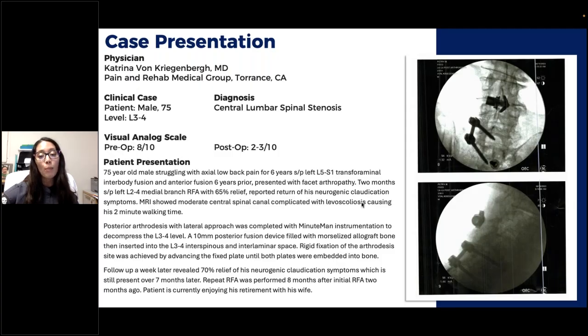Taking a lateral view and so on, with it being my first case for the Minuteman procedure, after discussion with him, we decided that it would be an easier approach and he would still get relief because he had central stenosis. He also had lateral recess stenosis, as well as a minimal anterolisthesis at L3-4.